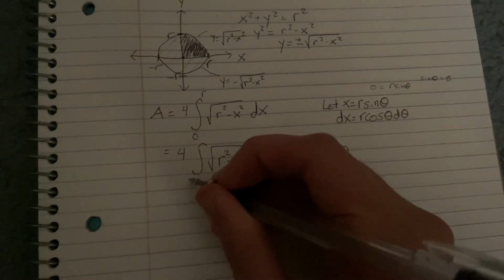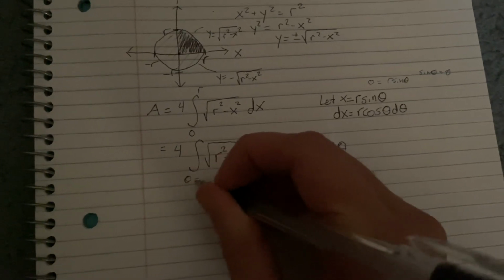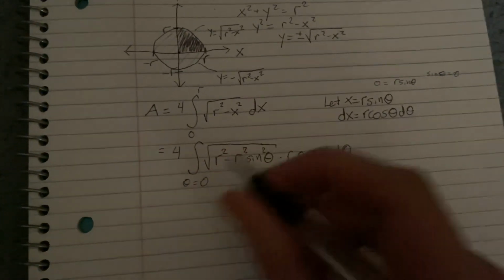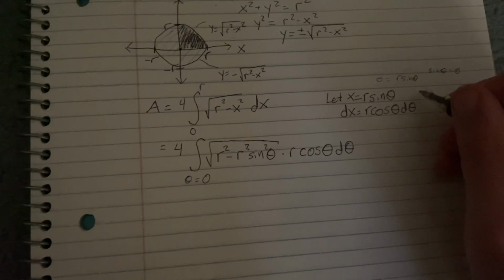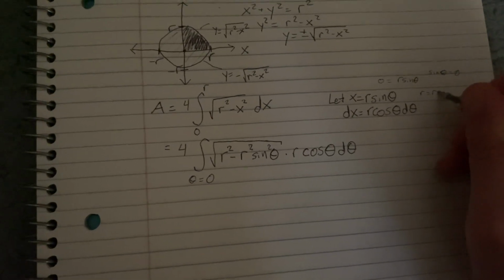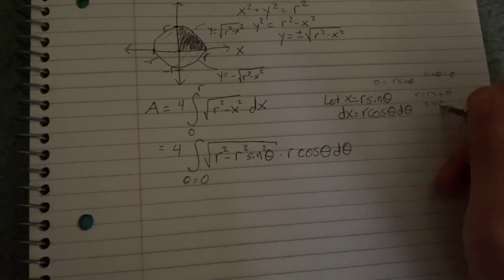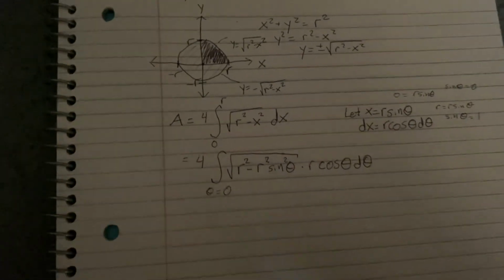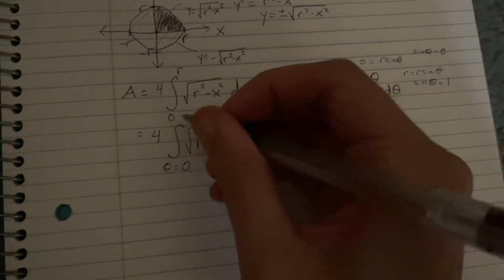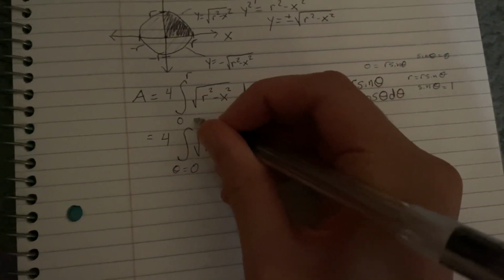So theta will start at 0, and we plug in r. Of course, r equals r sine theta, so sine theta will be 1. And we're going to say theta stops at pi over 2.